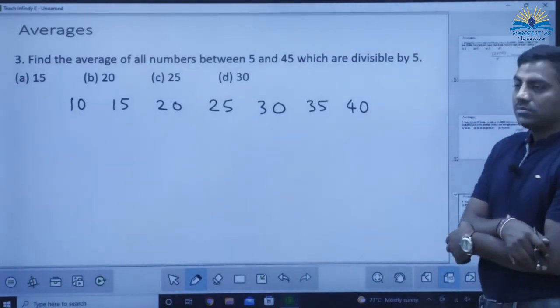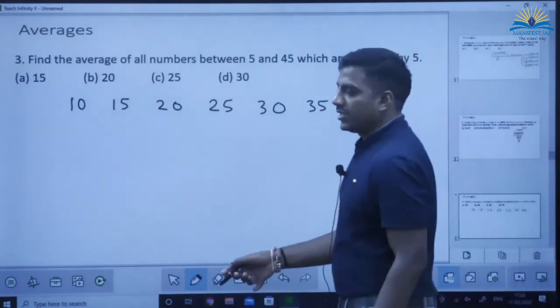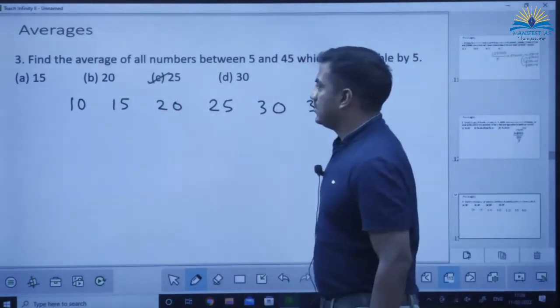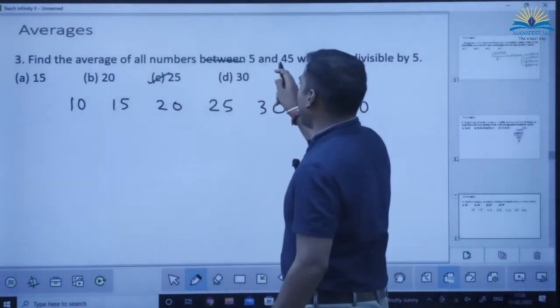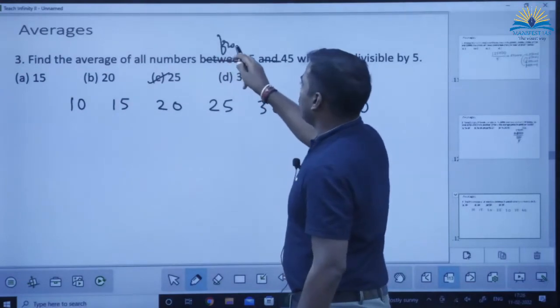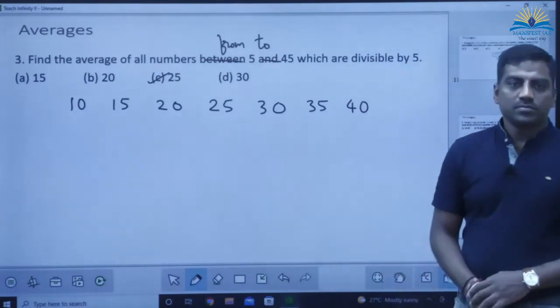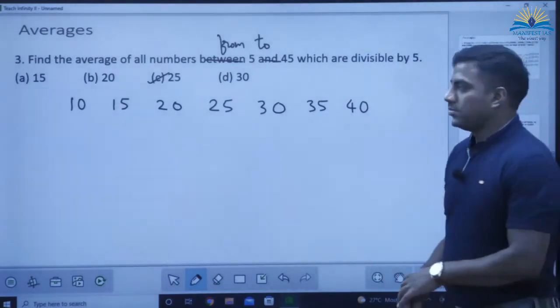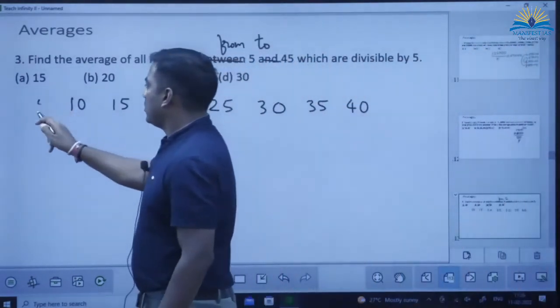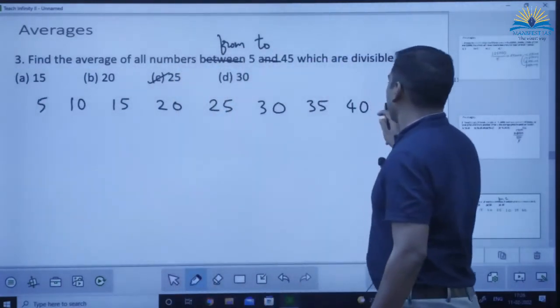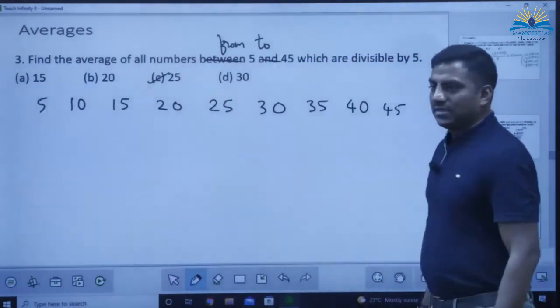Middlemost value, 25. If the question was otherwise, rather than this between and, if they had given from to, you will consider 5, then what will be the answer?